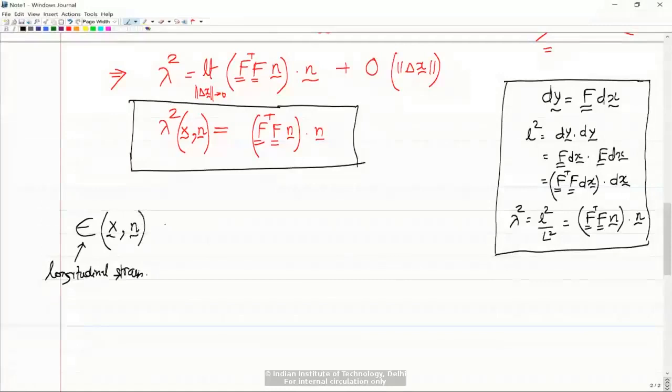Okay, and this is then equal to lambda minus 1, isn't it? That's the longitudinal strain. Stretch minus 1. Lambda greater than 1 means it's an extension, and if it is less than 1, that means it's a compression.